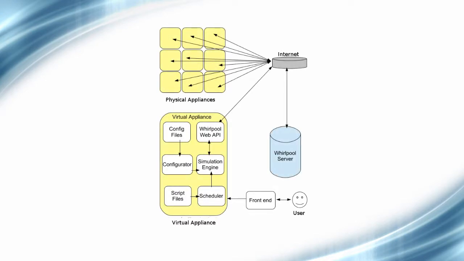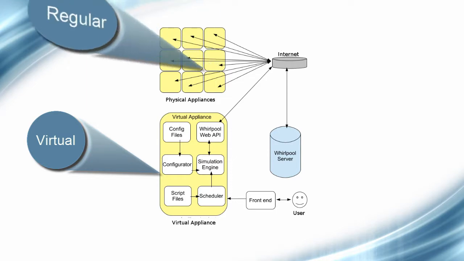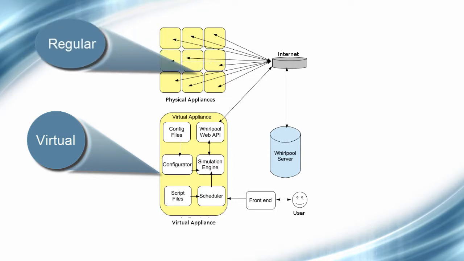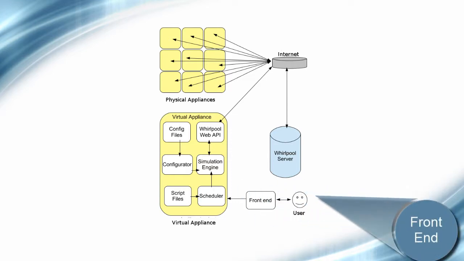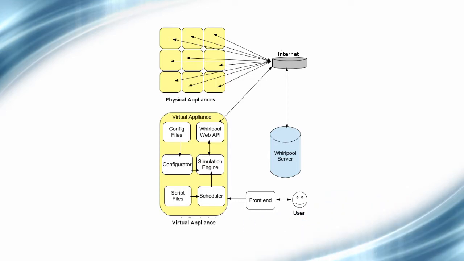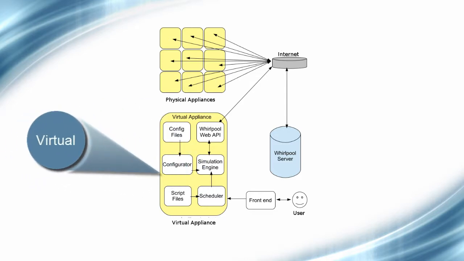This diagram represents our virtual appliance simulator software solution. As you can see, a virtual appliance looks just like a regular appliance to all of the Whirlpool backend software. The user interacts with a web-based front end to upload files and run the virtual appliance. Within the virtual appliance, there are several different modules.